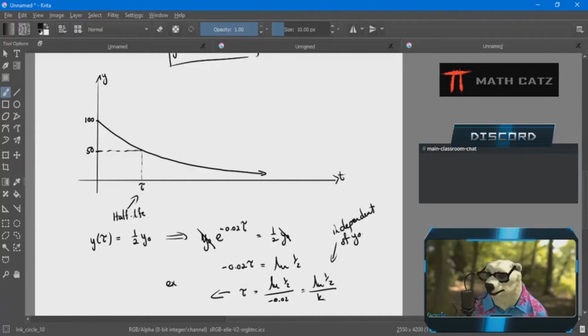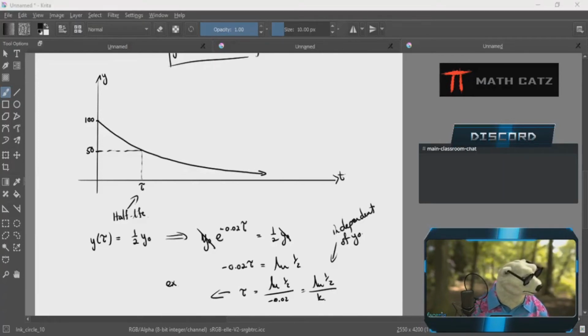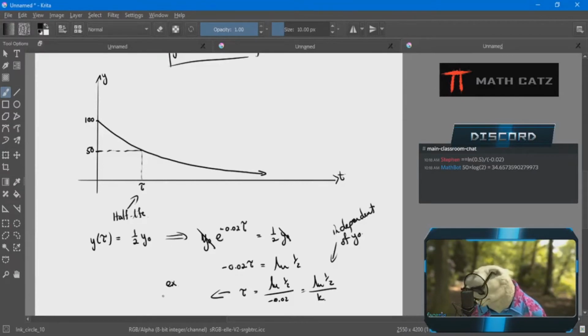And we get 34.66. I don't know what the units are.